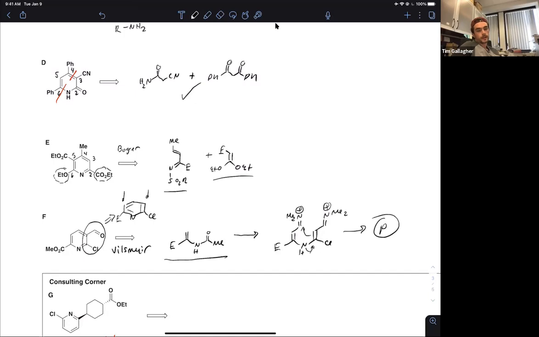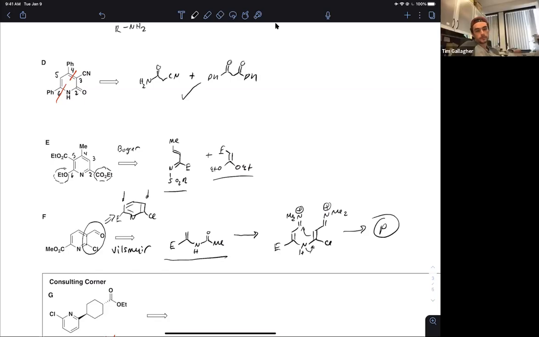Hey Phil, for that aldehyde in F on that pyridine with the 2 ester, is that still electron rich enough to react with Vilsmeier? Sorry, which one? F, the molecule we're working on. Is that reactive enough to work with Vilsmeier? Well, F is the product of the Vilsmeier.